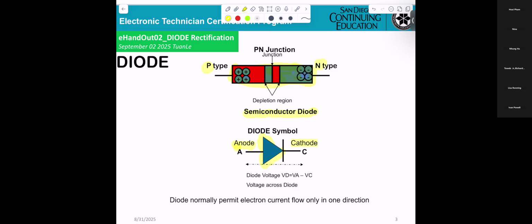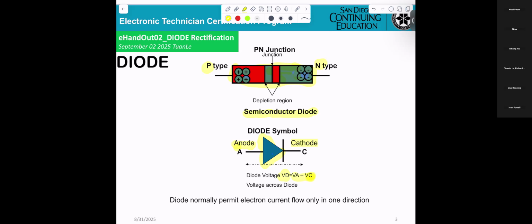Okay. Voltage V from A to C. That's what they call VD, the diode voltage. VAC, that means VA minus VC.